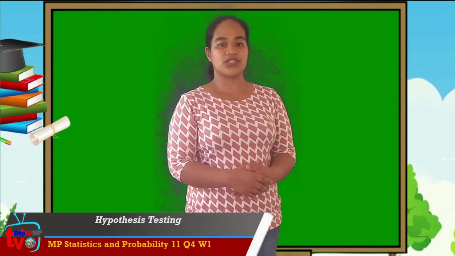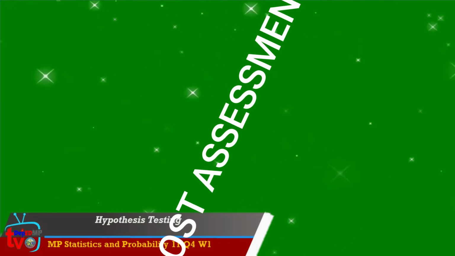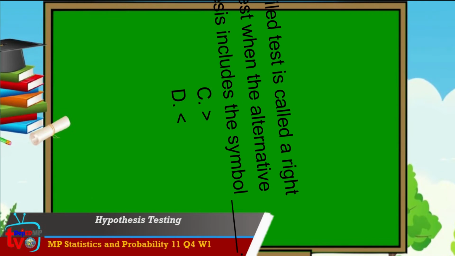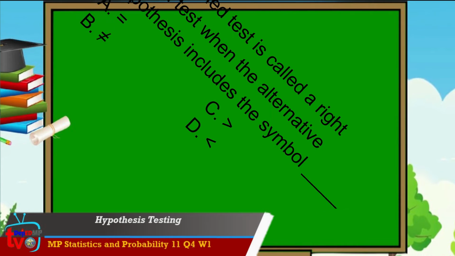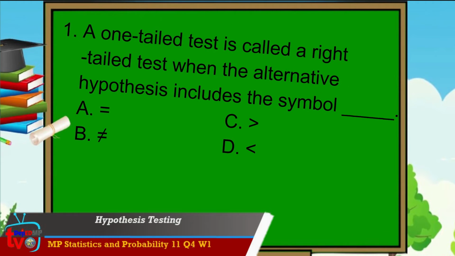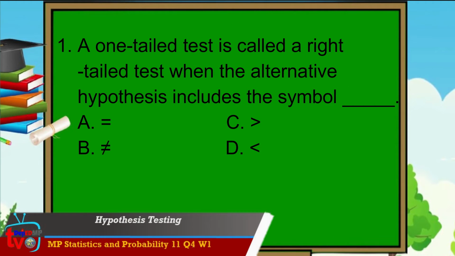To test if you have really understood the lesson content in this module, answer the given post-assessment. Number 1. A one-tailed test is called a right-tailed test when the alternative hypothesis includes the symbol letter A, equal sign, letter B, not equal, letter C, greater than, letter D, less than.